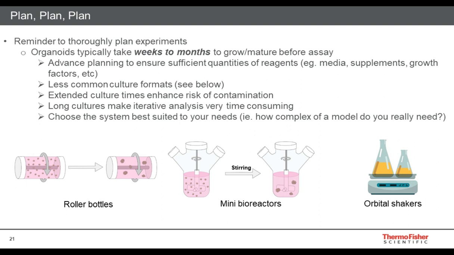It may be that you need a 3D cell model system. And then with respect to 3D models, there are considerations to be had with, well, how many cell types do I really need in this model? Do I need a neural organoid that contains or models as much of the brain as possible? Or maybe I just need a region-specific model system that might be a little easier to grow, a little more controlled, and get you to the endpoint where you want to go.